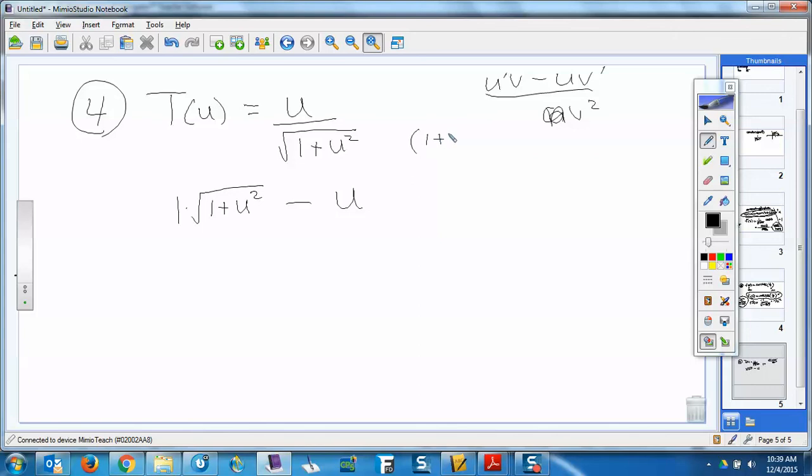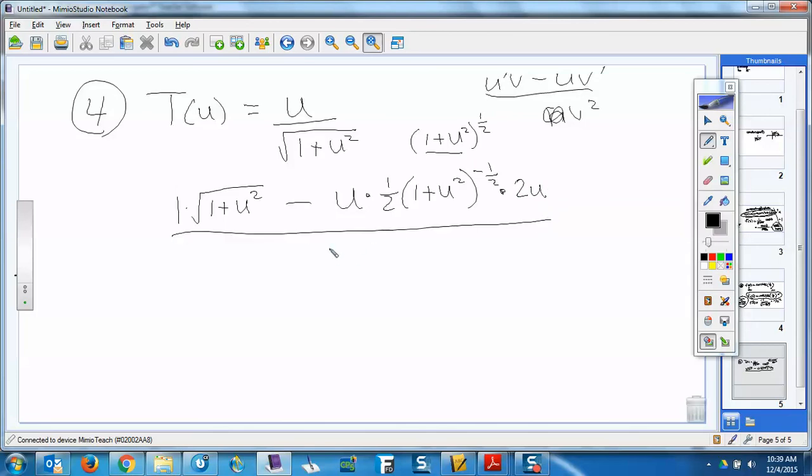Here I definitely want to do this, so probably should have done it with the other ones. We're going to do the derivative of the bottom, which would be 1/2 times 1 plus u squared to the negative 1/2 times the derivative of the inside with respect to u, all over the bottom squared, which becomes just 1 plus u squared, right?